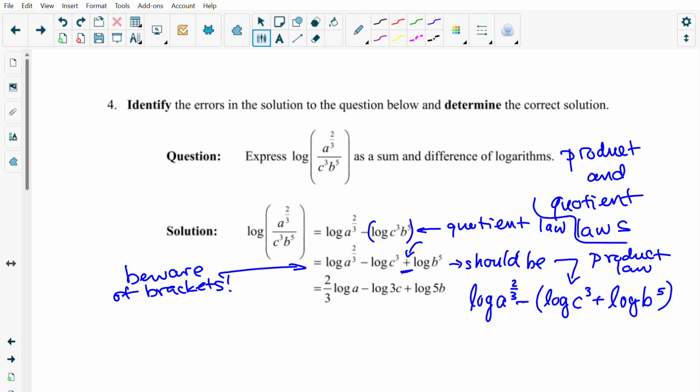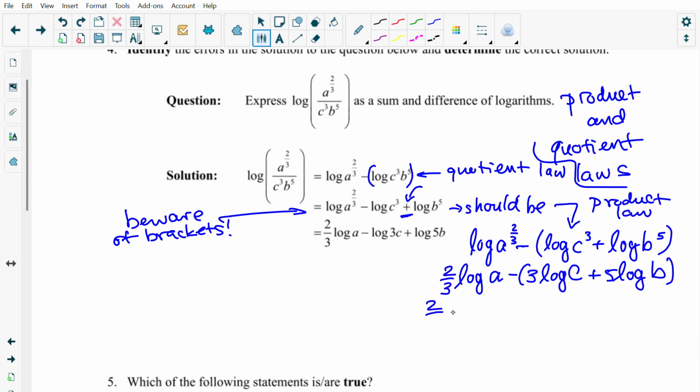Okay, beware brackets. If I continue, first term here, I'm going to use power law. So 2/3 log of a minus, before I distribute that negative sign and drop the brackets, I'm going to use power law inside the bracket. So 3 log of c plus 5 log of b. Okay, now let's distribute that -1 across the bracket. So minus 3 log of c minus 5 log of b.